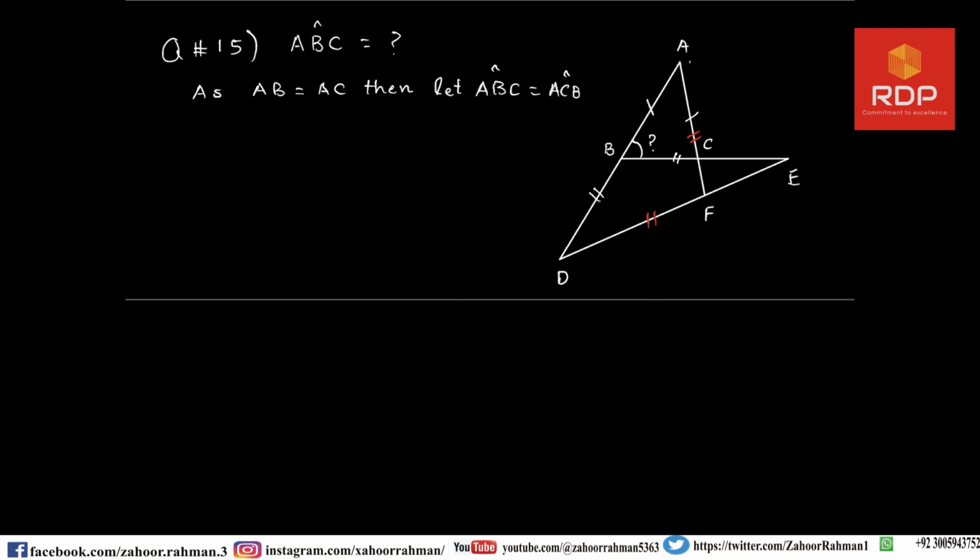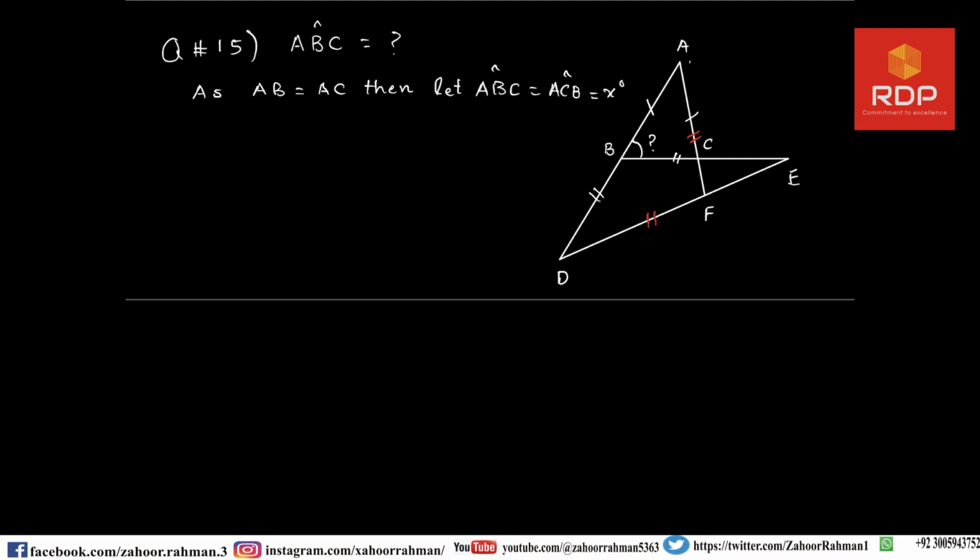Let ACB be equal to x degree. That is what we have to suppose. If we want to find the value of ABC, then we must find the value of x degree. So that is why we supposed it.